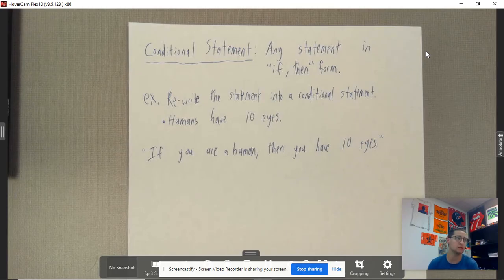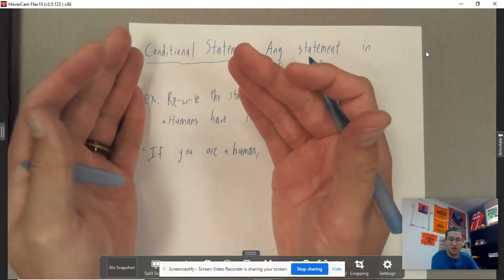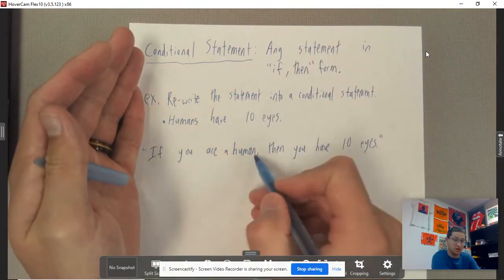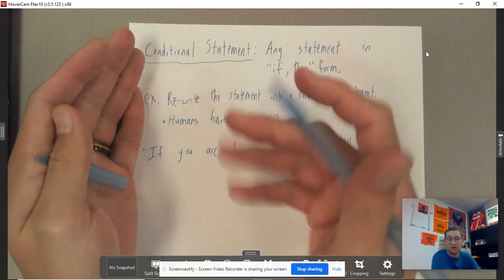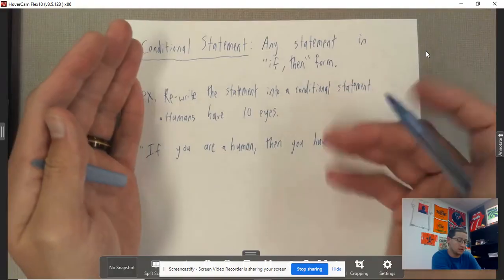Now, just quickly to talk about whether this statement is true or not, and how we can tell if any conditional statement is true. All right, so essentially what you want to do, and I kind of mentioned this in another video, is go into the world where you are a human. Okay, so you're thinking about this section right here, the part that says, you are a human. And then you've got this second part here that says you have 10 eyes.